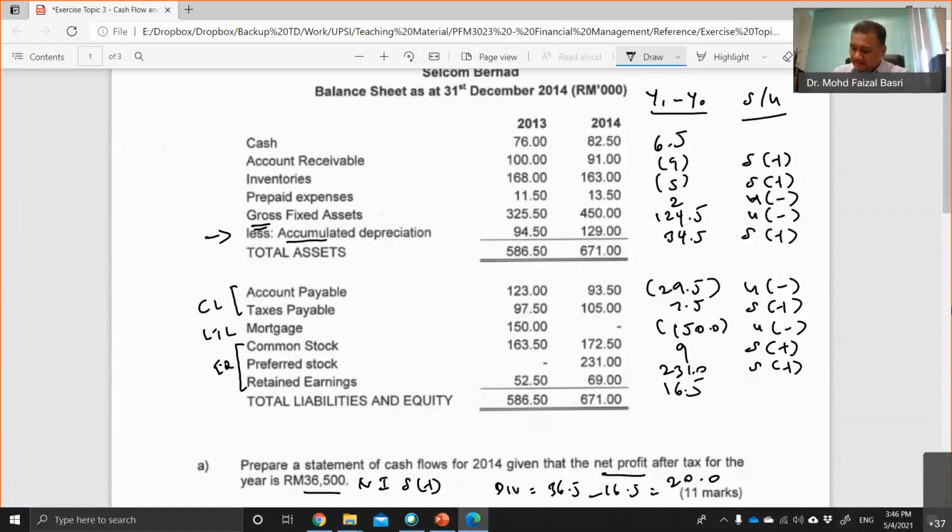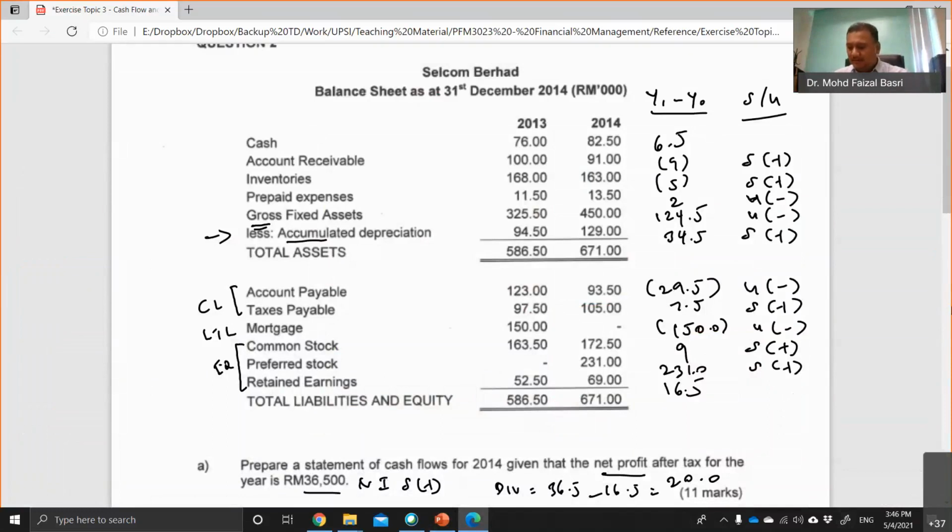What will be the net cash from operating, net cash from investing, and net cash from financing?